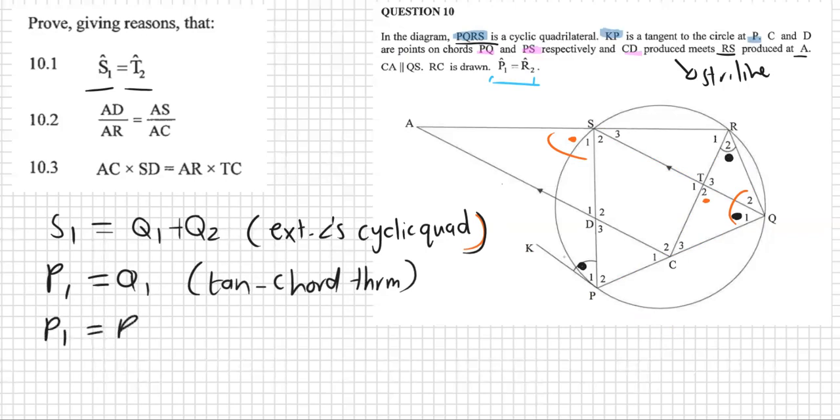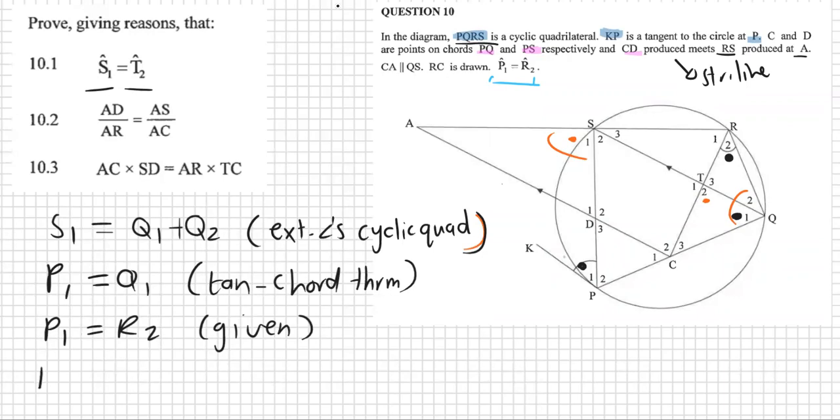P1 is also equal to R2, and that was given to us in the question. Always go back and check the questions, especially if you get stuck. And remember, order matters. If you're reading the question, the order in which they give you the information is usually presented in such a way that the order will help you.